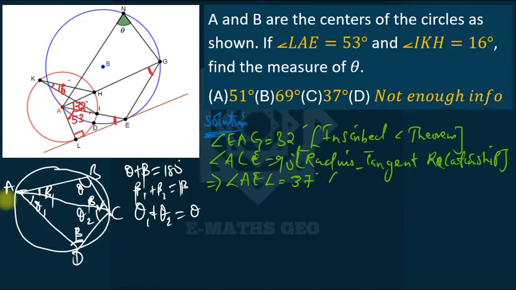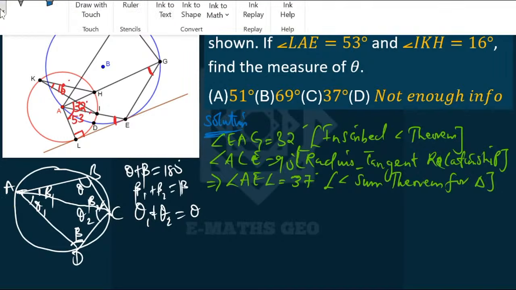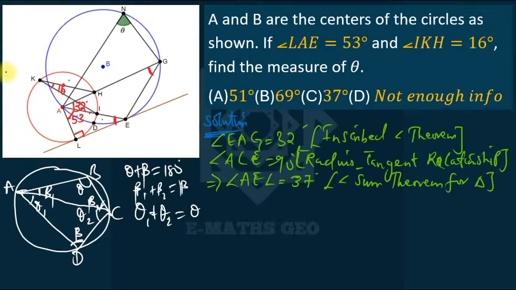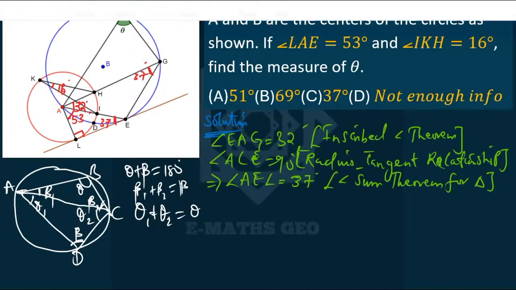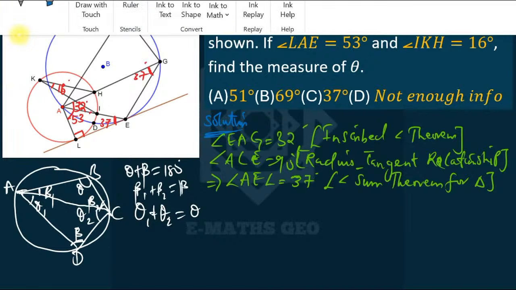By angle sum theorem for triangles, it's always 180. So since here is 53, by alternate segment theorem, since here is 37, there is also 37. Yes. So this is by alternate segment theorem.